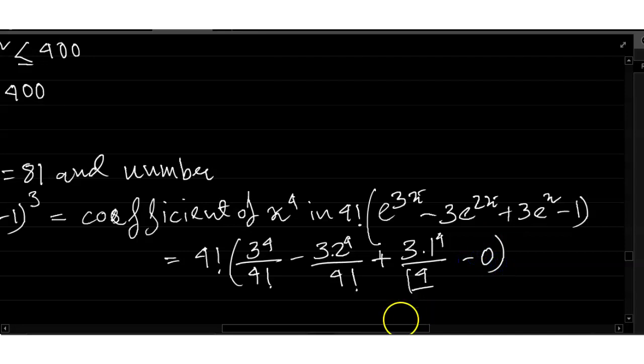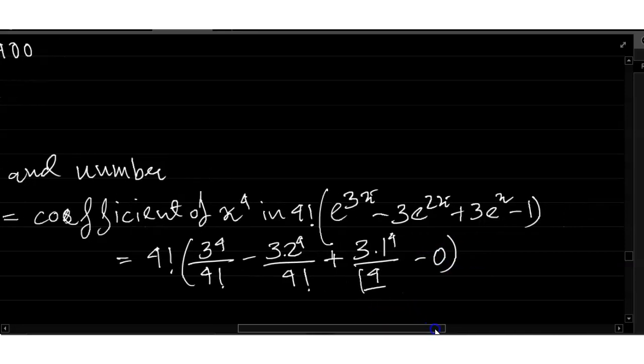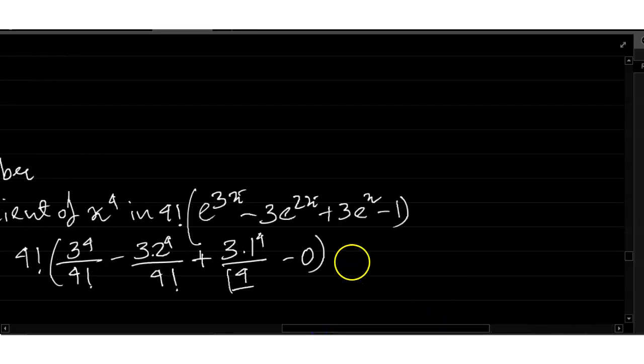So we get the value 81 minus 48 plus 3 equals 36.